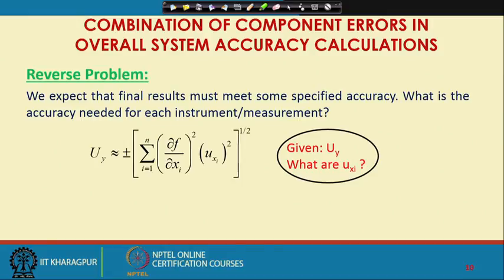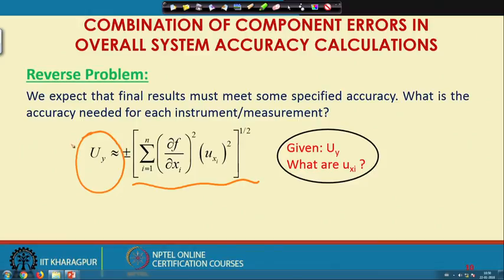So, if the functional form of f is known, you can compute the sensitivities by taking the derivatives del f del x I and then just use this relation to compute the overall uncertainty in case of forward problem. In case of reverse problem, we have been given a specified value of u y.